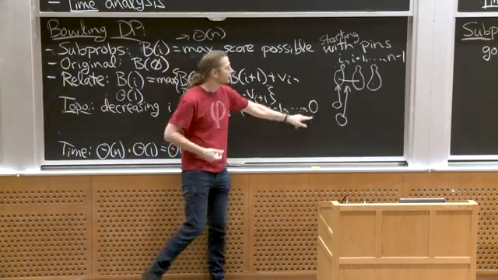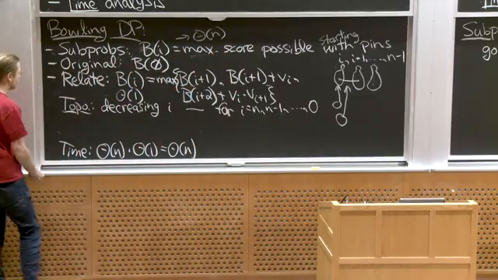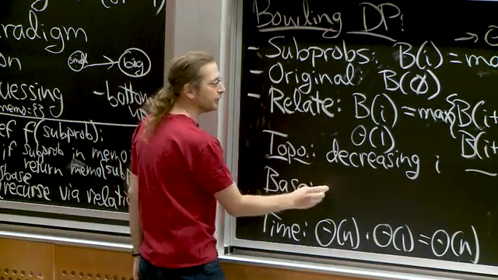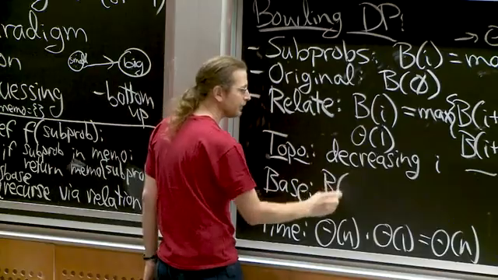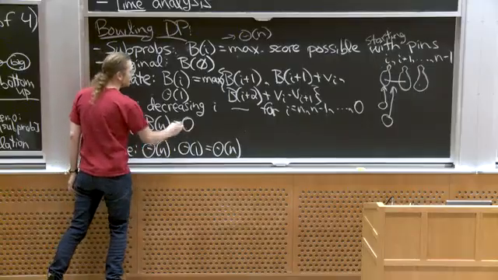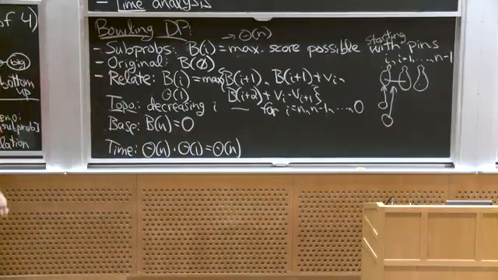The suffix starting at 0, that's the one I actually want to compute. That's the final suffix I should be computing. And then we have a B for base case, which is that first case, B of n equals 0. Because there's no pins, so I don't get any points. Sad.